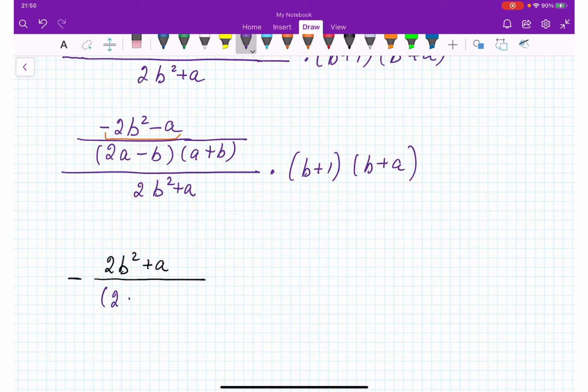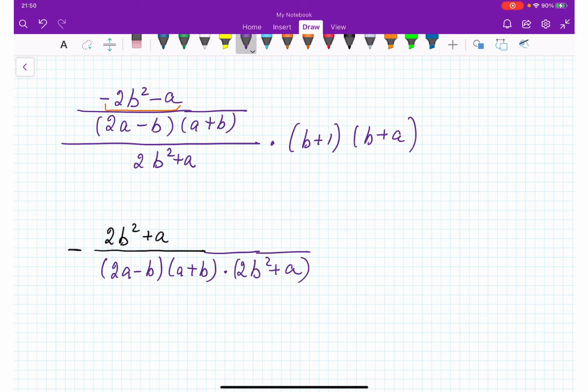Then 2a minus b, a plus b comes to the denominator, right? And 2b squared plus a stays in the denominator because we are dividing by 2b squared plus a. And at the same time, I'm going to multiply here by b plus 1 and b plus a. It's time to multiply everything.